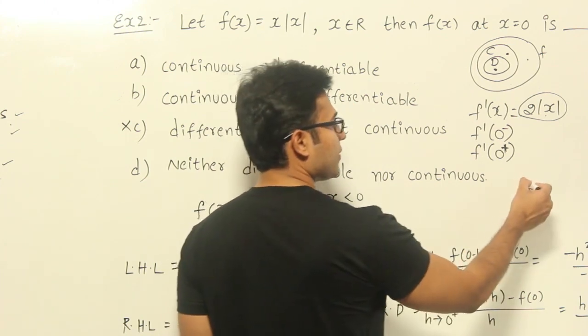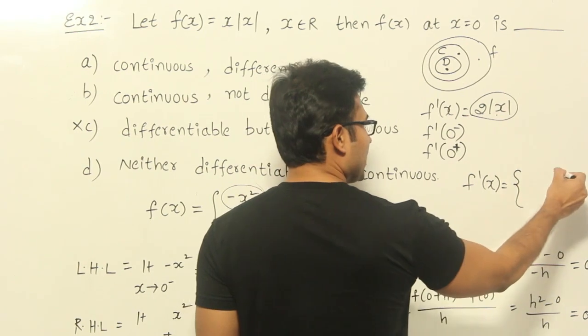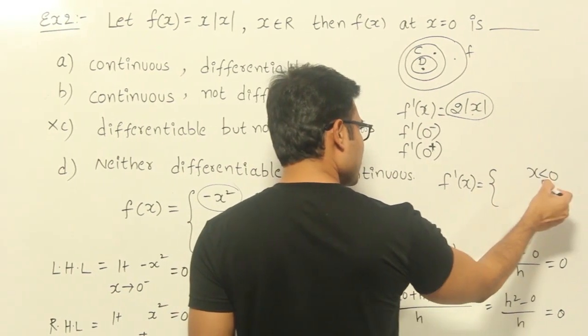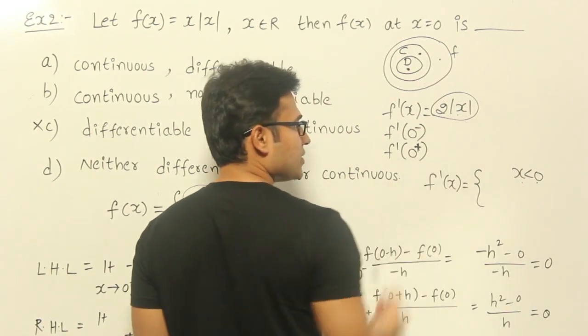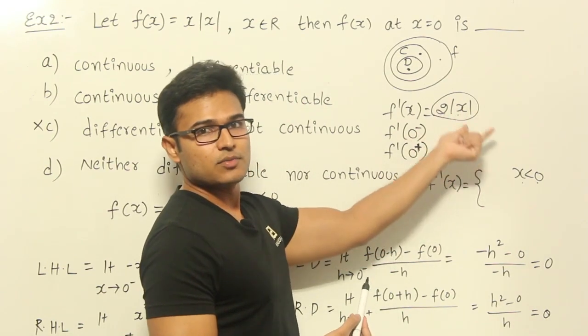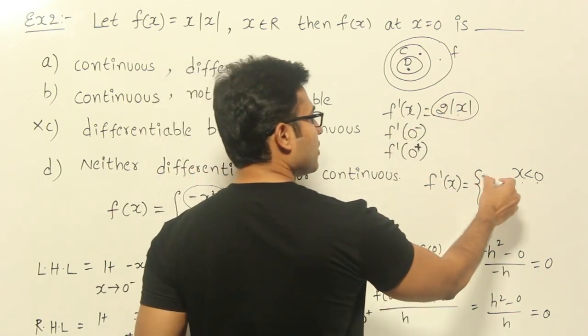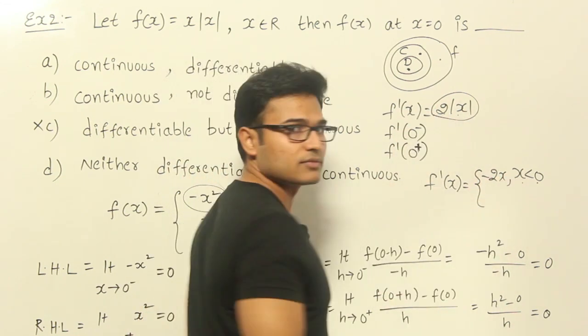So you can write it this way: f dash of x is equal to, when x is less than 0, what does it mean? If x is negative, if I remove this mod sign, then the result has to be positive. That is why you are going to multiply with minus 1. Therefore it is going to be minus 2x, right?